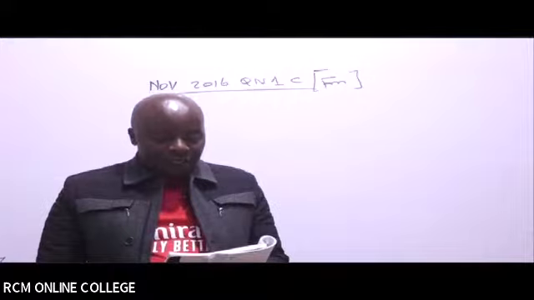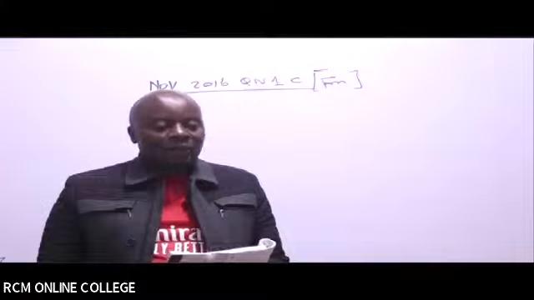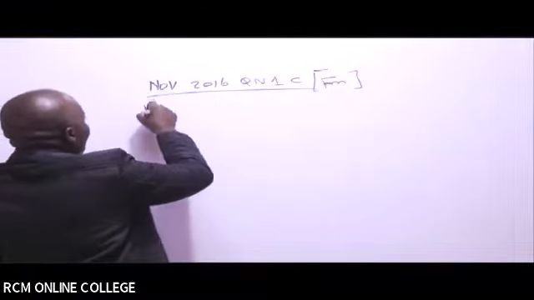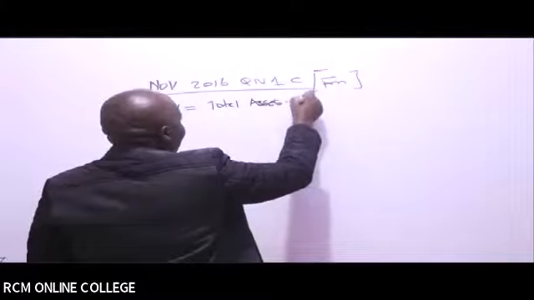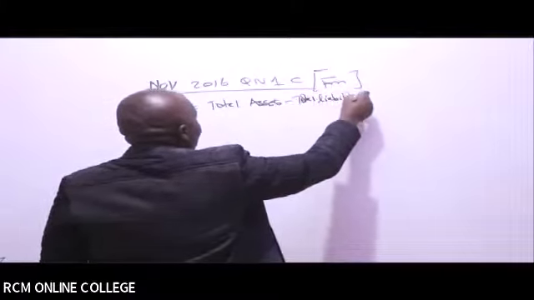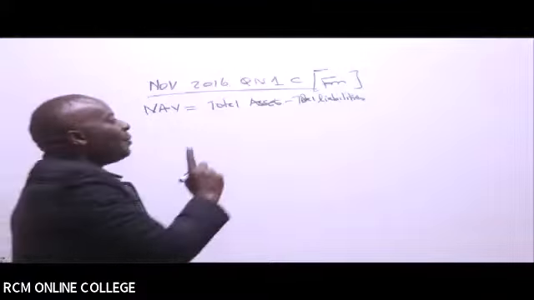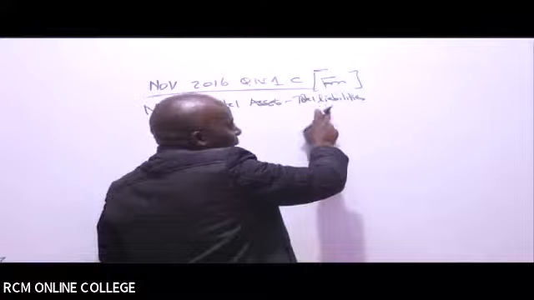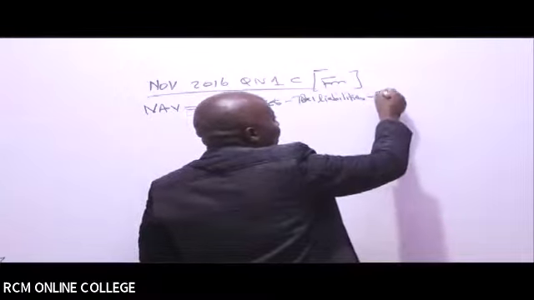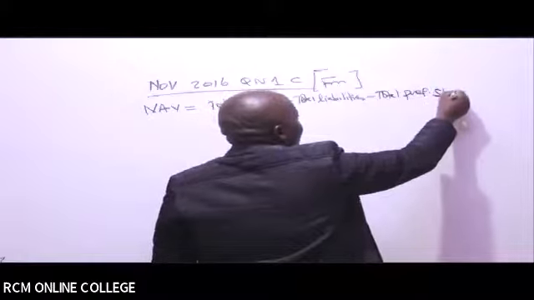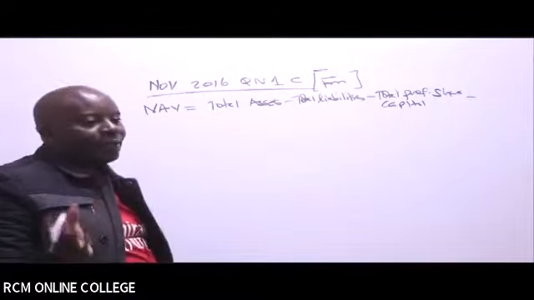The first thing that you do there is to give us the net assets value of the business. Remember that net assets value generally is total assets minus total liabilities. Preference share capital is supposed to be part of your total liabilities, but always ensure that you subtract the total preference share capital, if there is any provided, minus any intangible assets like goodwill.